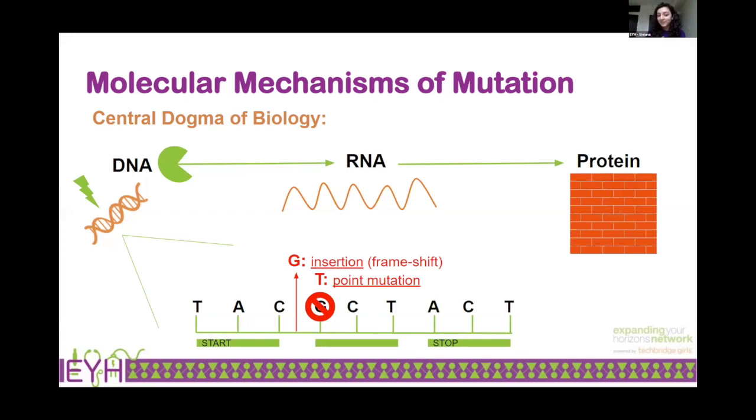So in this case, the start codon is the same, but the next codon, taking both mutations into account, would be GTC. And the next codon would now be different as well. It would be TAC.